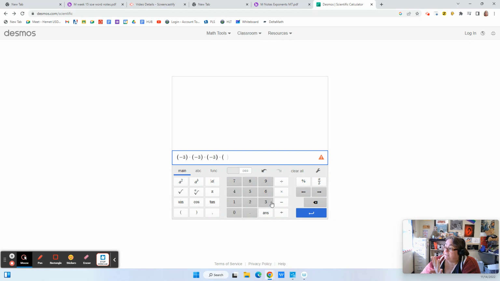So when we go to multiply this next -3, it's going to become positive 81, right? And that's all we did with this, but we could have saved ourselves all this time, right? Just by raising it to the fourth power.